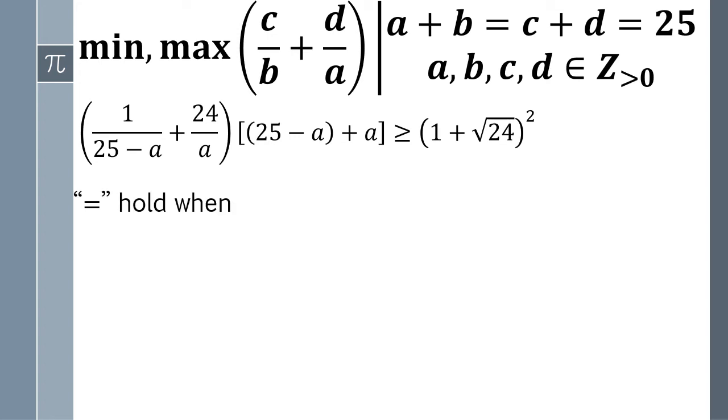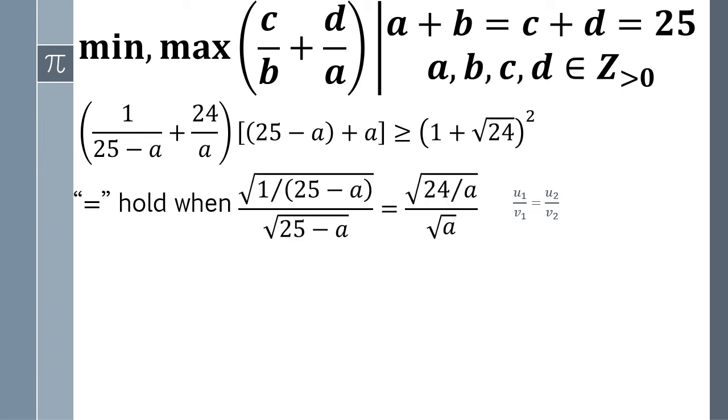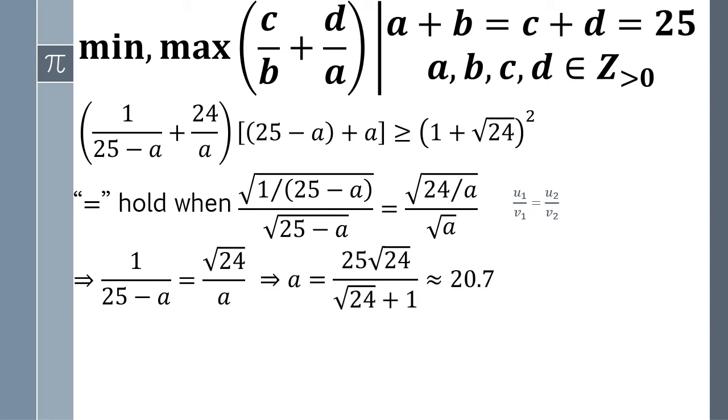Remember, the equal sign holds when u1 over v1 equals u2 over v2, which is the square root of 1 over (25 minus A) over the square root of (25 minus A) equals the square root of 24 over A over the square root of A. This equation can be further written as 1 over (25 minus A) equals the square root of 24 over A. And the value of A can be calculated from here, which is approximately equal to 20.7.